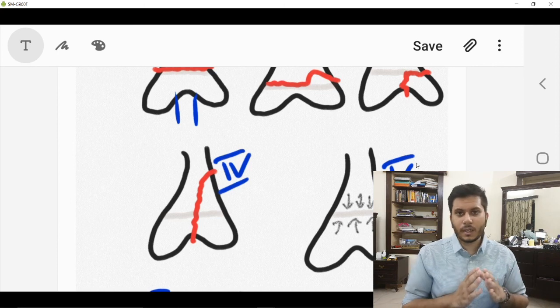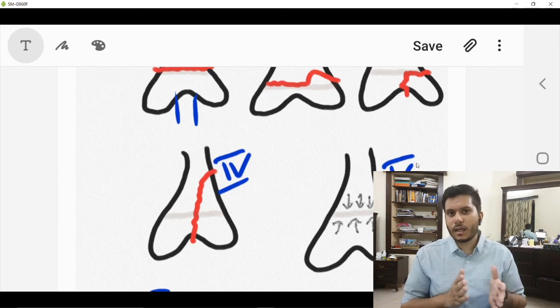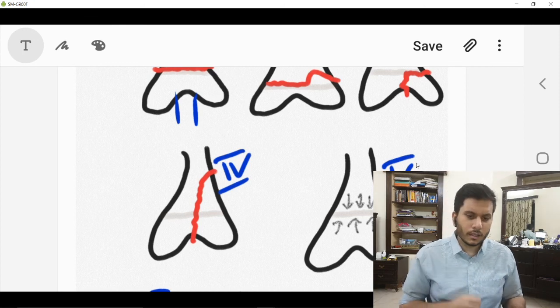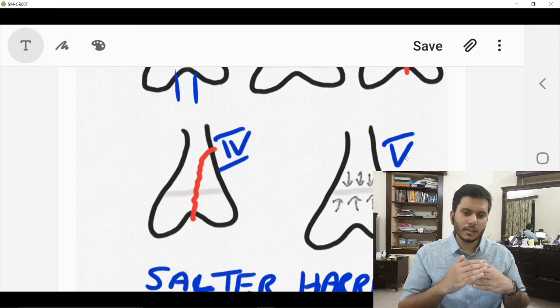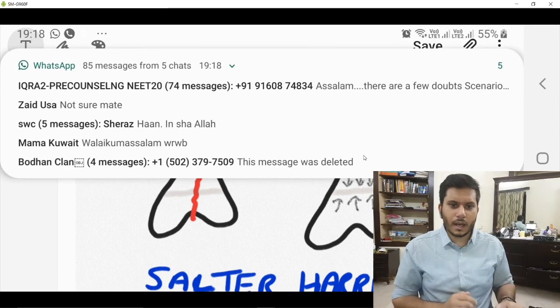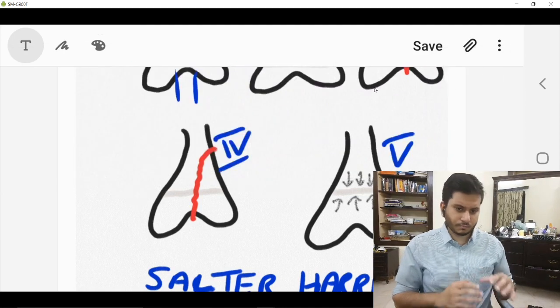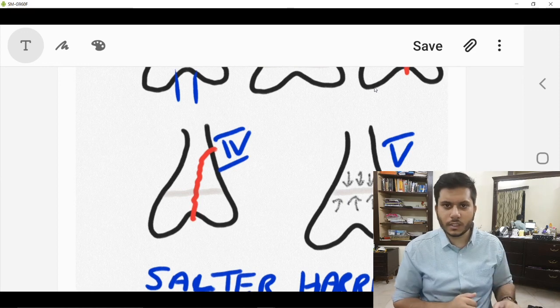And then I would make a diagnosis in retrospect saying that this was probably a type 5 Salter and Harris injury. So this type of injury occurs due to compressive force on the growth plate. Because of this, there is compression of the growth plate and eventual destruction, but it is not visible on the X-ray.